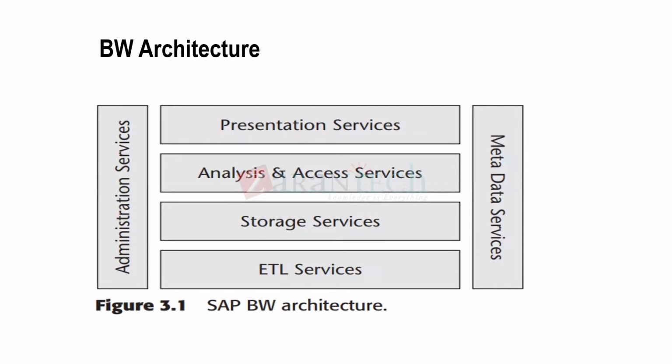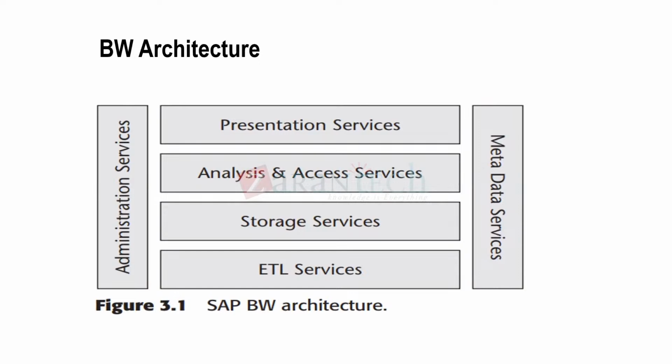The key tasks involved in creating a report in BW are divided into 4 different categories. One is we use some tool to extract the data, which is ETL services. Once we extract the data using a particular tool, we have to store it somewhere. That's the storage services. So we persist that data, or we physically create a copy of the data in the BW system.